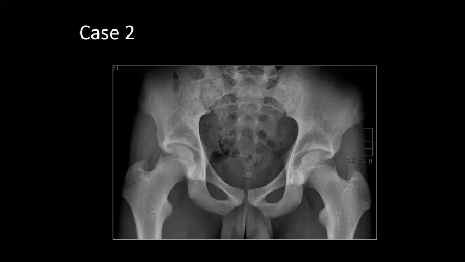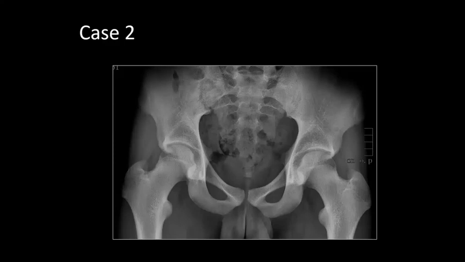Pelvis X-ray AP view showing right side femoral head showing significant femoral head ejection. There is a bump on the lateral aspect of the neck. So this indicates or suggests CAM impingement.